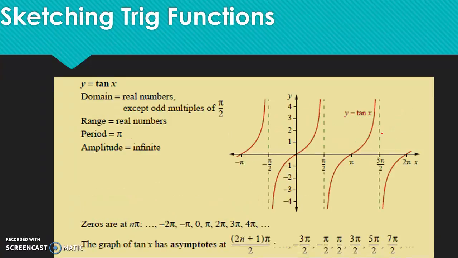Tan functions, you don't use as much compared to the sine and cos, but it's worth knowing what they are. Just remember, point of inflection, we reach a limit here at pi over 2 and -pi over 2.